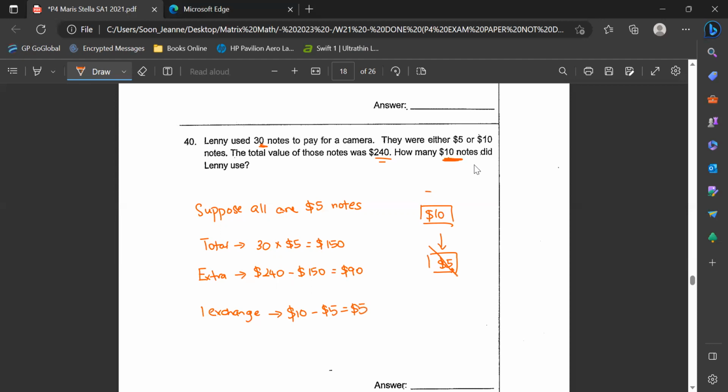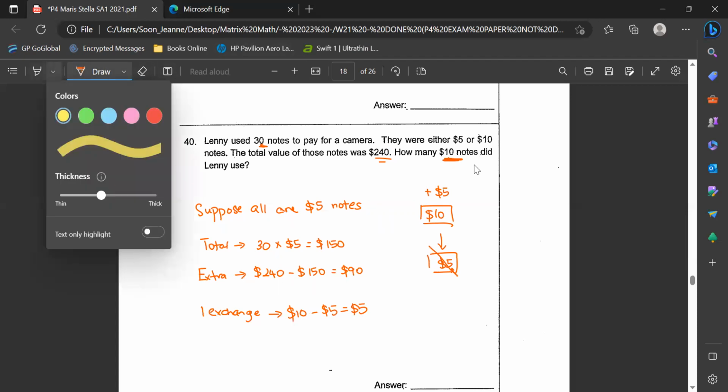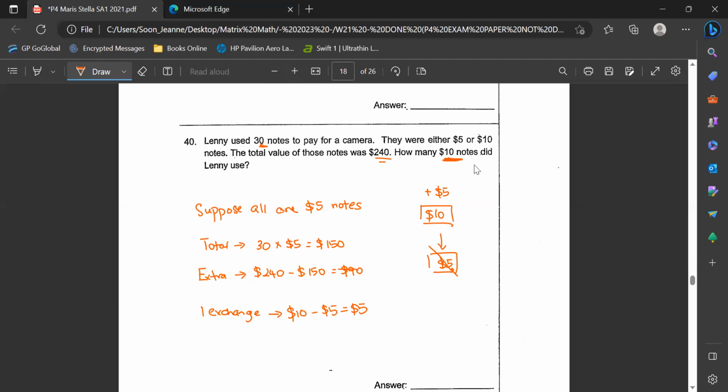So one exchange is an additional $5. But the question needs an additional $90. Let me just write this again. One exchange is $5, but I need an additional $90.